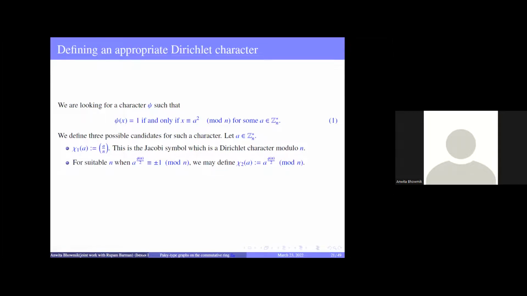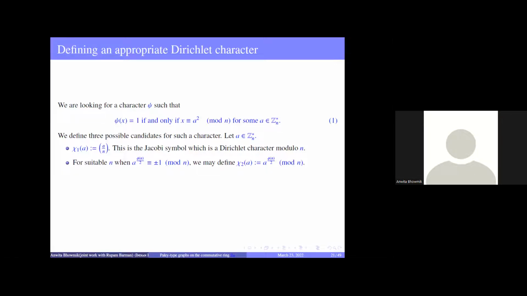So for suitable n, when a to the power phi(n)/2, here again phi is the Euler totient function, is congruent to plus or minus 1 modulo n, we may define chi2 of a as a to the power phi(n)/2 modulo n.